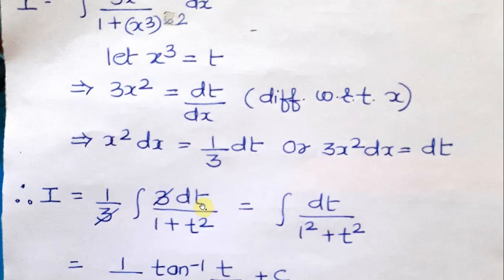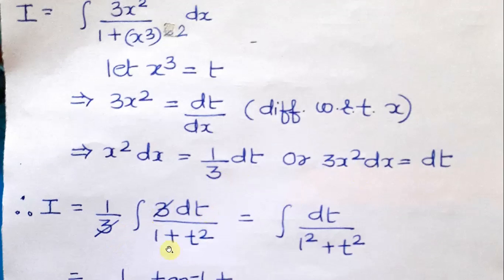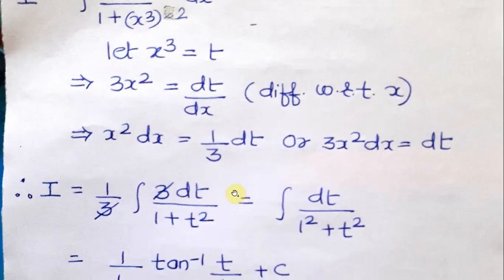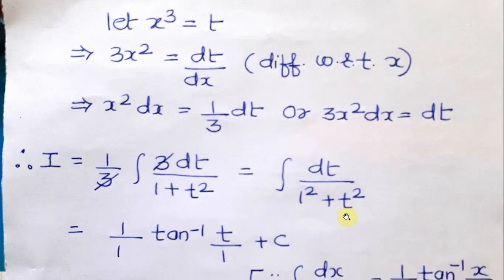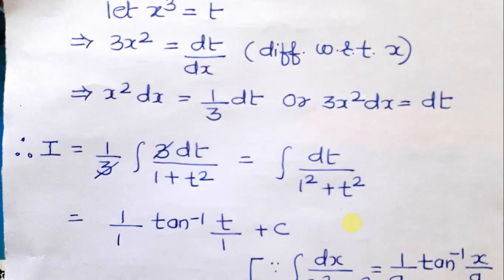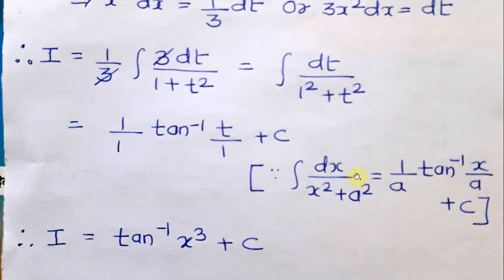Now I replace the values in the denominator: 1 is as it is, and in place of x cube I put t, and the whole power 2 makes it t square. I can write 1 as 1 square, so we get dt upon 1 square plus t square. This integration is in the form dx upon x square plus a square, and the formula is 1 upon a tan inverse x upon a.